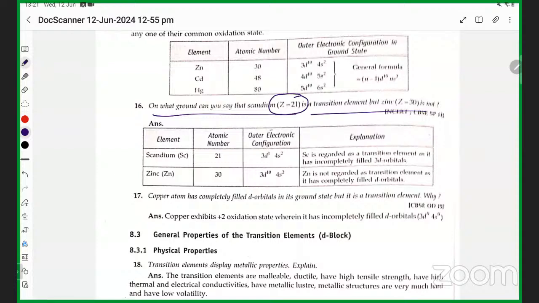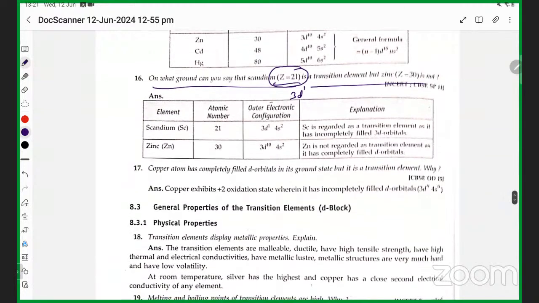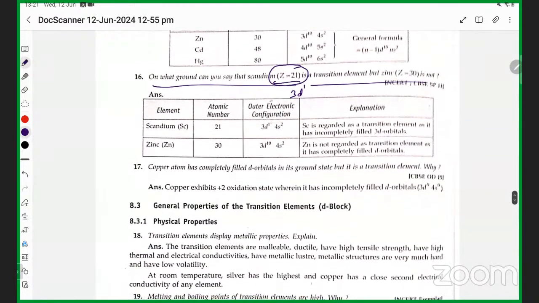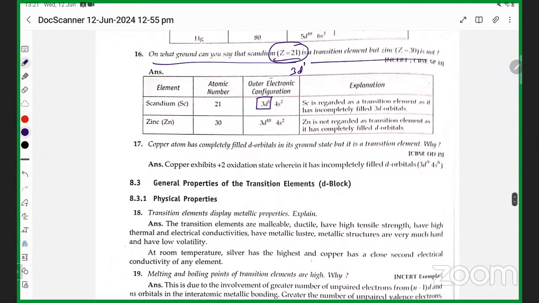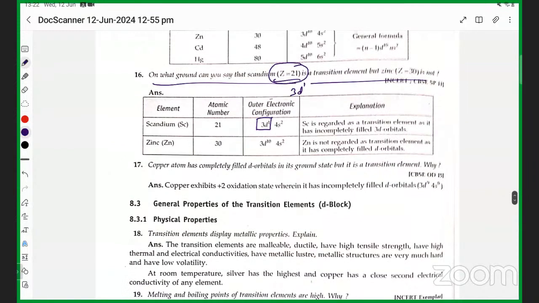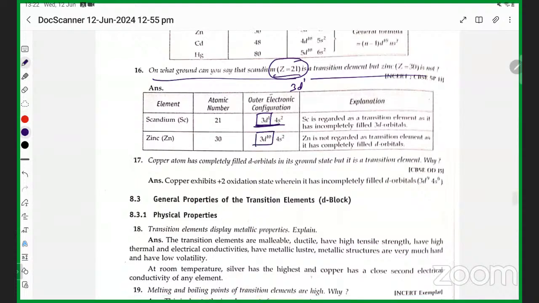Zinc has a completely filled 3d, but scandium has 3d1. Scandium is incompletely filled, so it is regarded as a transition metal. Zinc is fully filled, so it is not regarded as one.